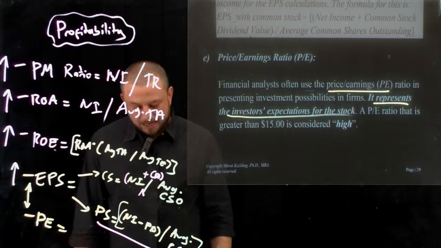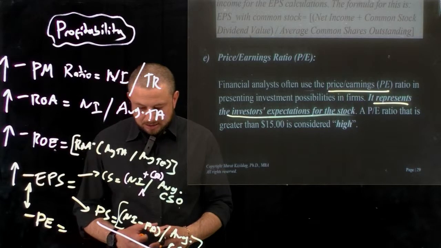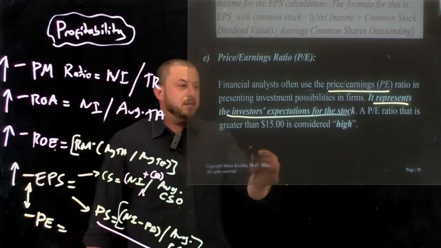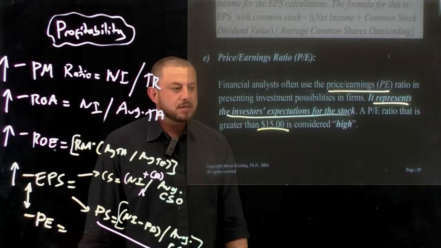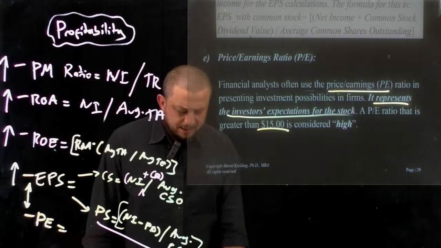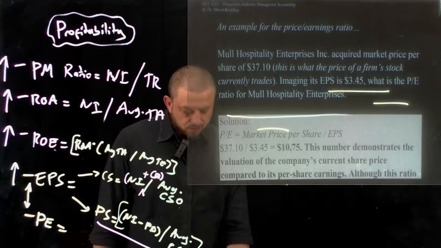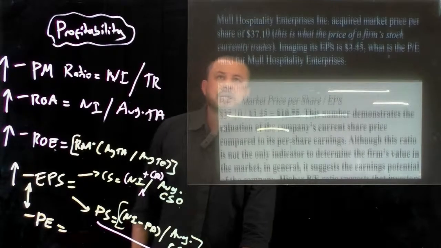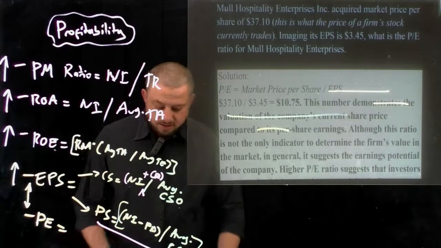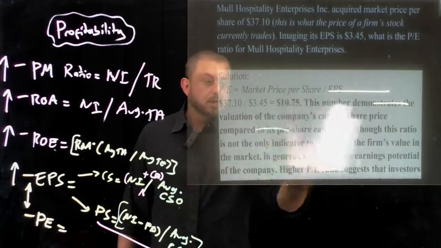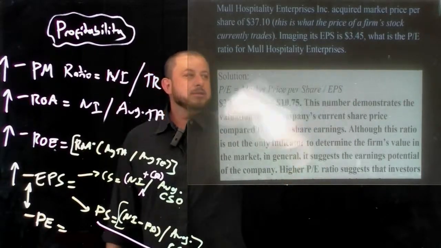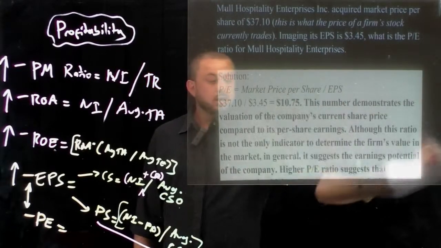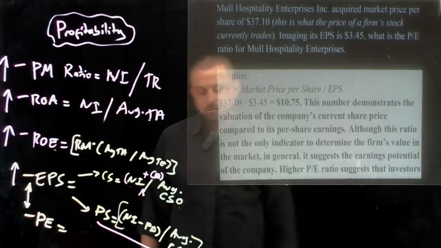For example, for the industry in general, a PE ratio greater than 15, or $15, is considered too high. It's a little unrealistic. For the hospitality industries, the PE ratio is usually somewhere around $1 to $2, not too much. This is just an example, so I use arbitrary numbers.